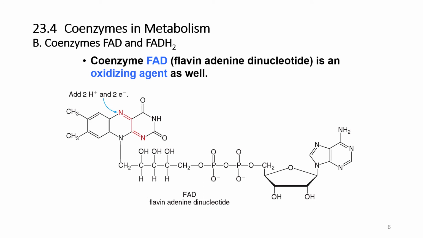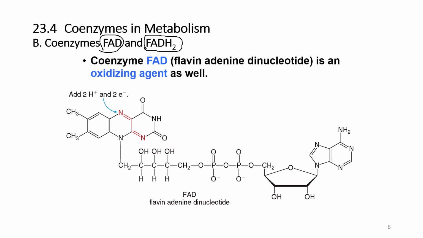This is another coenzyme, FAD, or flavin adenine dinucleotide. It is also an oxidizing agent. So here's the oxidized form, and this is the reduced form. And it functions just like NAD+. Again, it's a relatively large molecule.